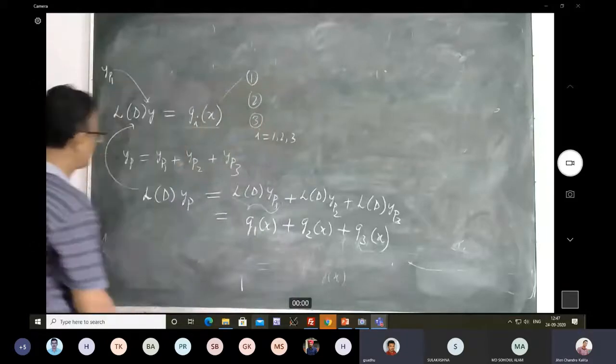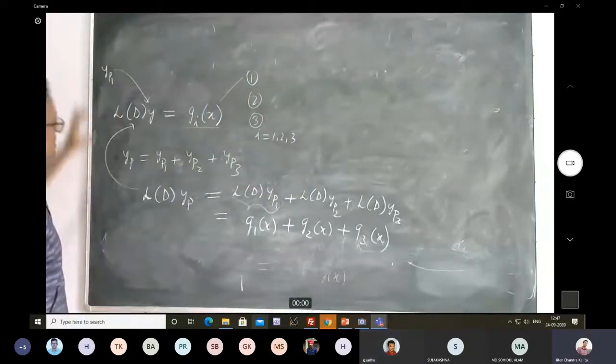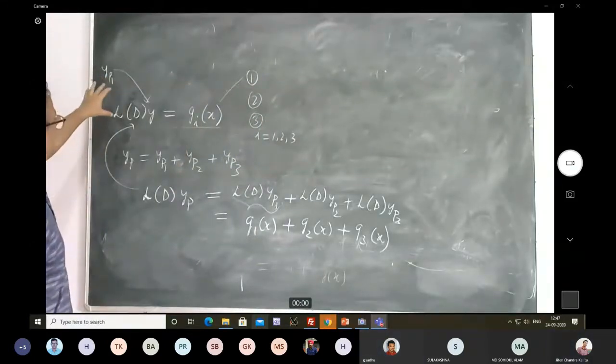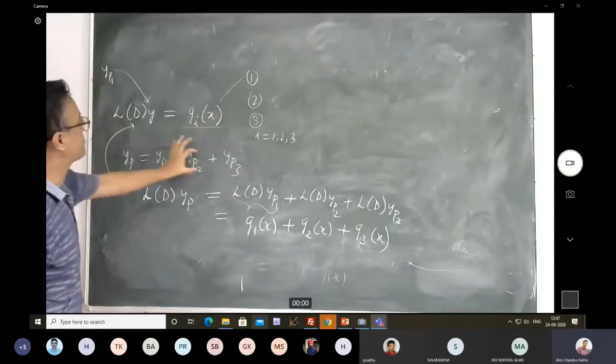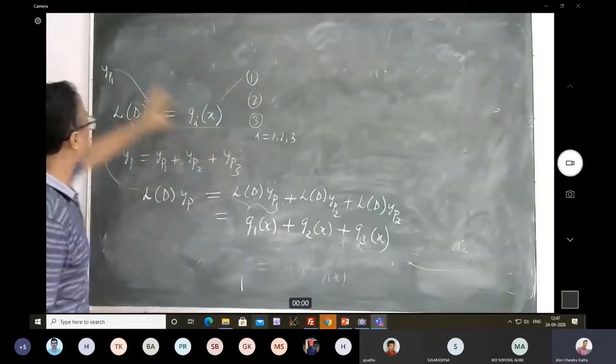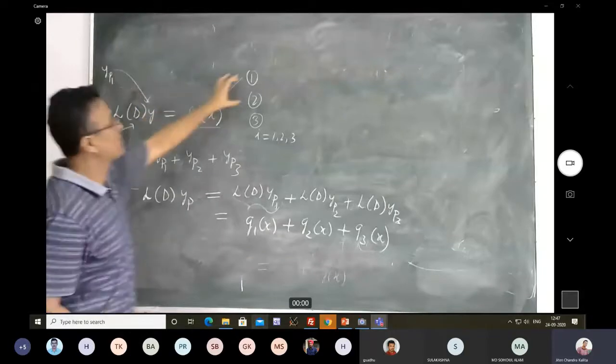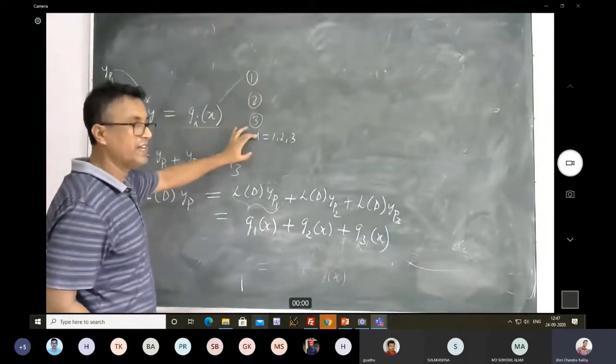See, from here, definitely I can conclude that if your yp1, yp2, and yp3 are particular integrals of the equations 1, 2, and 3, right?